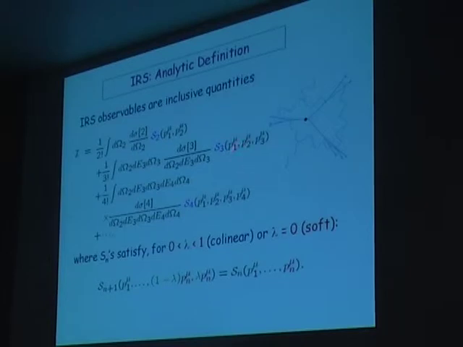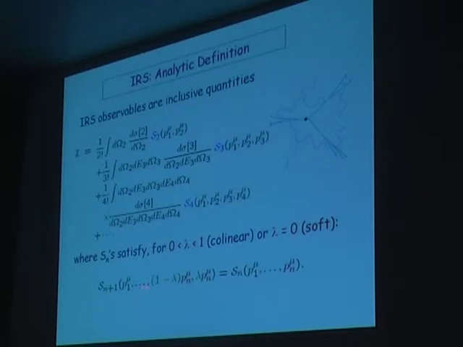A more elaborate definition in terms of formulas is that if you want to define an infrared safe quantity, you have to be prepared to give a definition of a set of quantities S_n, n from 0 to infinity, such that it's a sum of all of these.